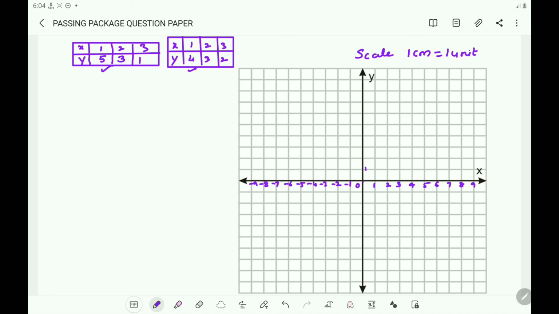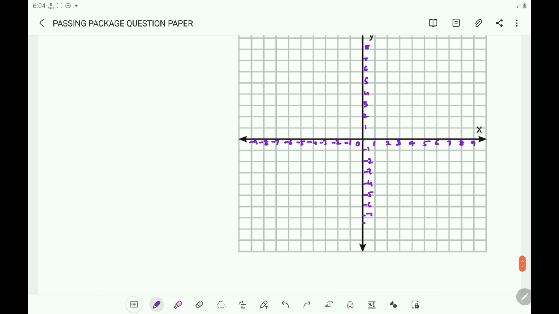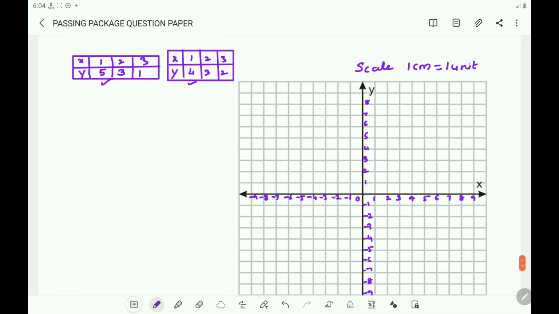Here you write 1, 2, 3, 4, 5, 6, 7, 8. Here minus 1, minus 2, up to minus 8, minus 9.